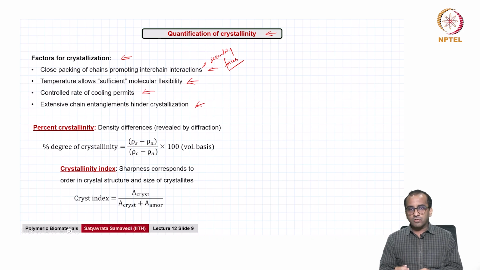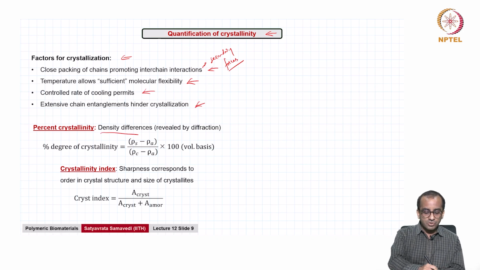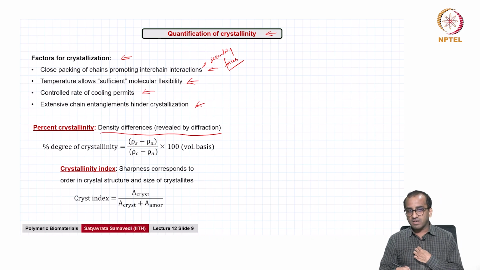One very popular way to quantify percent crystallinity is to use the differences in density revealed by diffraction.